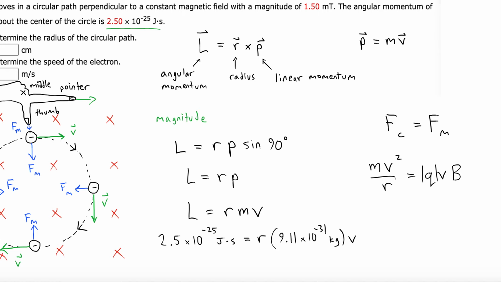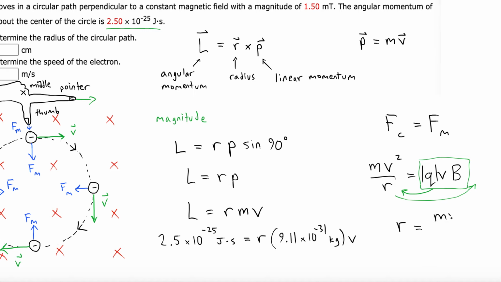All right, then if we rearrange, we can actually solve for r by moving the r over to the other side and then dividing to move all the other stuff to the other side as well. We get a new formula when we do that.